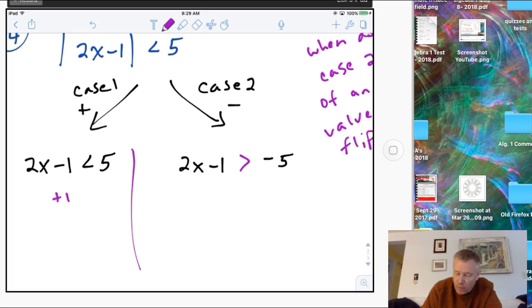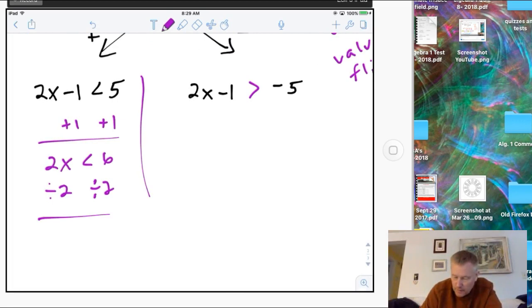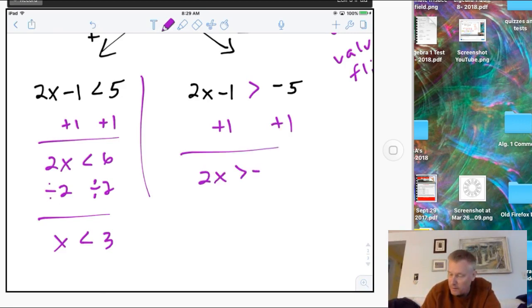All right. So if I add 1, I get 2x is less than 6. Divide by 2. I get x is less than 3. On the right, if I add 1, I get 2x is greater than negative 5 plus 1 is negative 4.